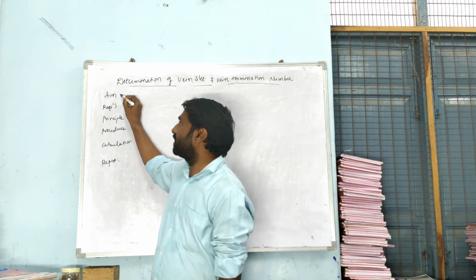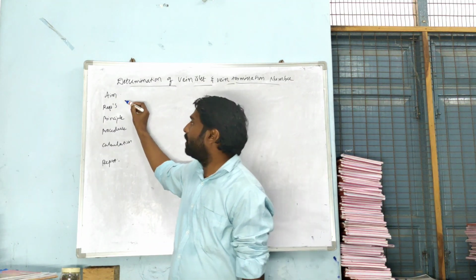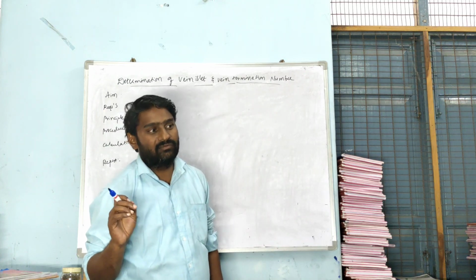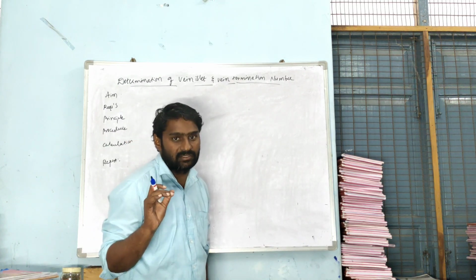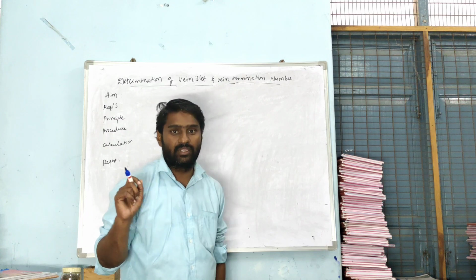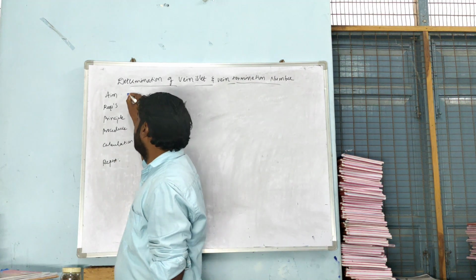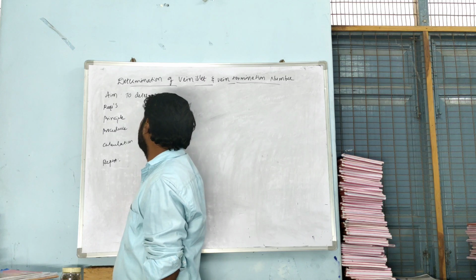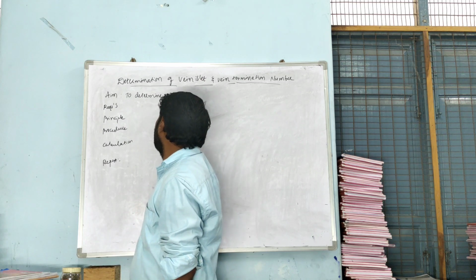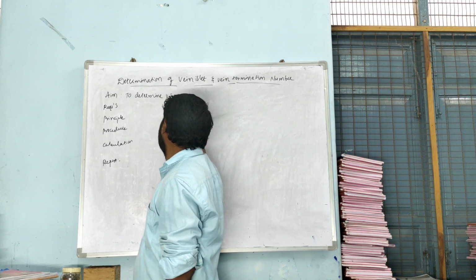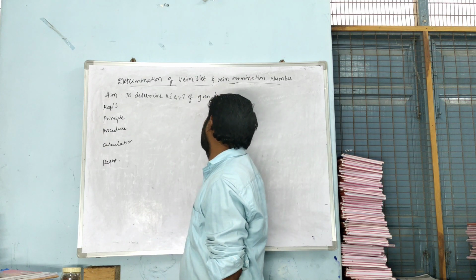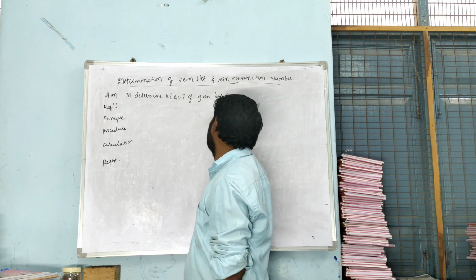So coming to the aim of our experiment, as the experiment title is, we are supposed to determine vein islets and vein terminates of any leaf sample. So our aim would be to determine vein islets and vein terminates of given leaf sample.